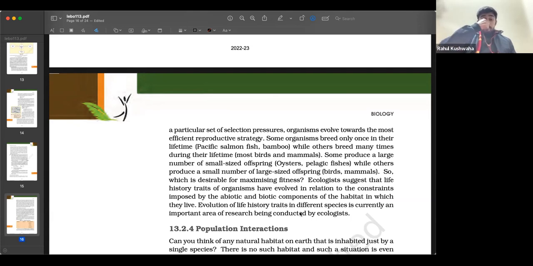Whereas birds and mammals, which are humans, tigers, elephants, deers also, produce small number of large sized offsprings.